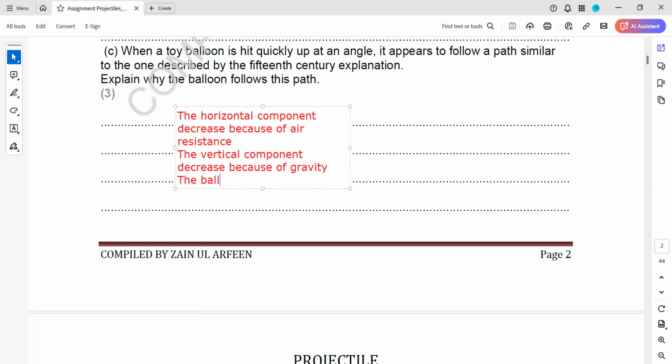So the balloon will reach a certain height with no horizontal and vertical component.